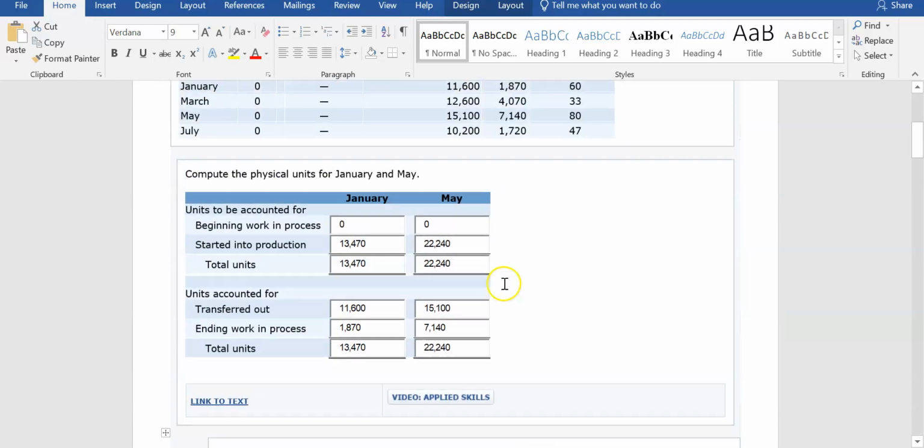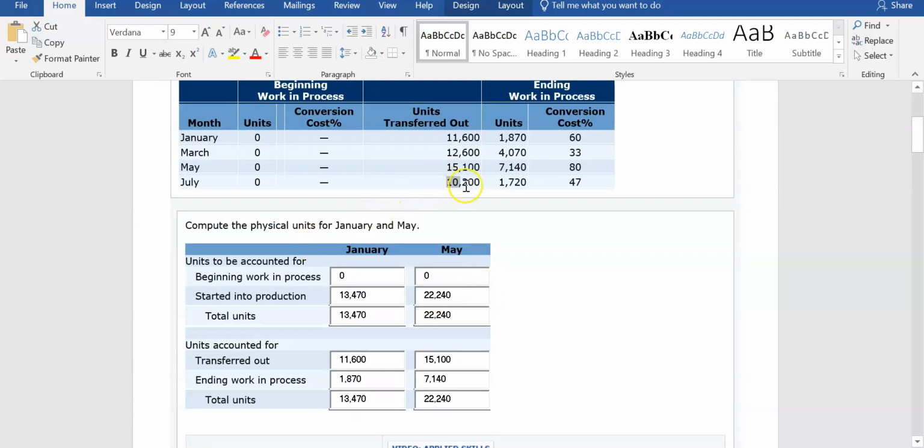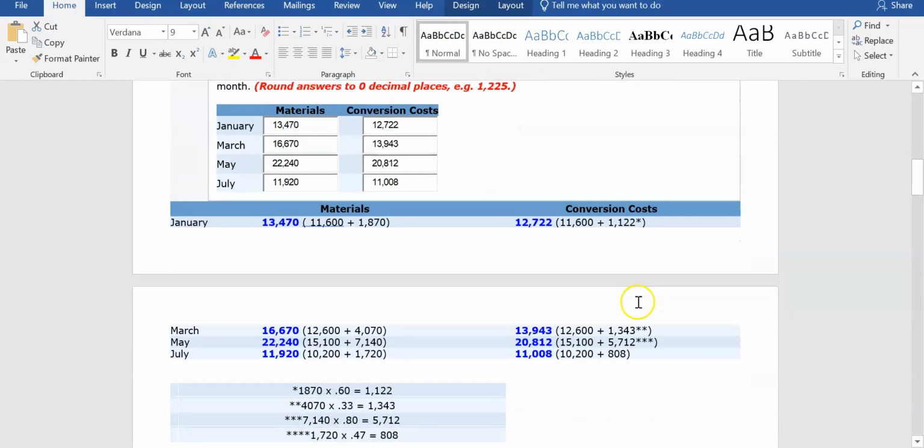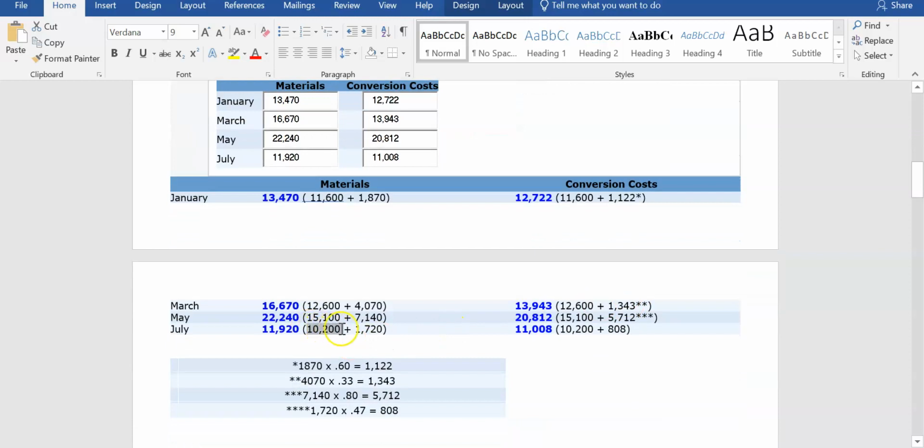Finally, in July, 10,200 completed and transferred out, 1,720 in process that are 47% complete with conversion. 10,200 plus 1,720 with respect to materials, 100% complete, total equivalent units of 11,920.